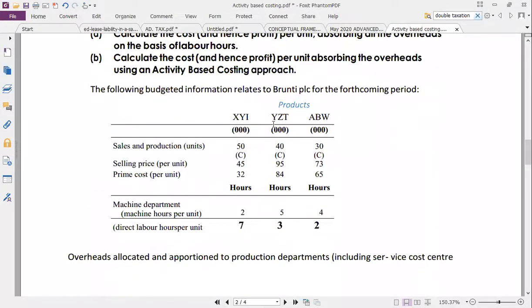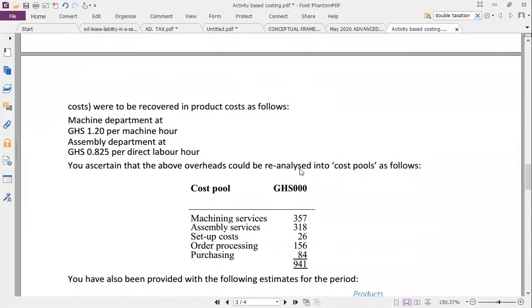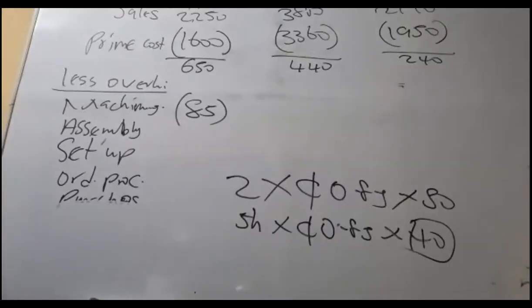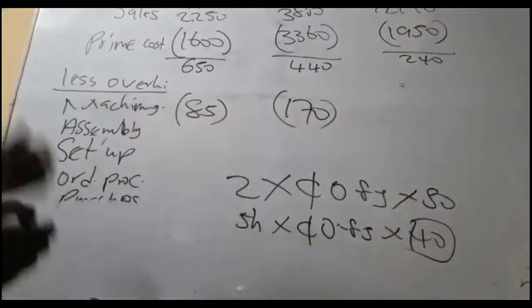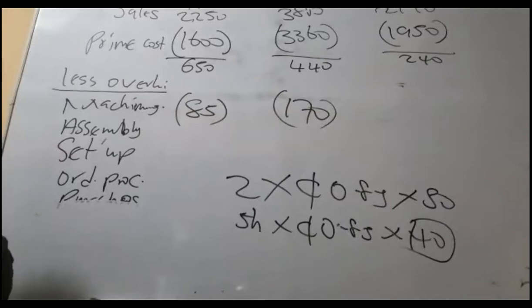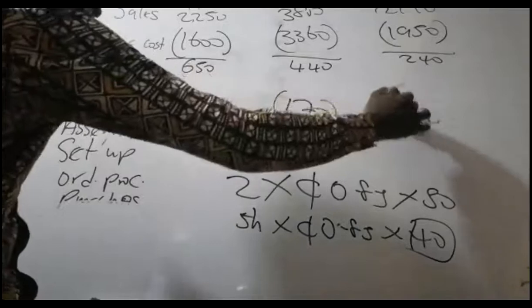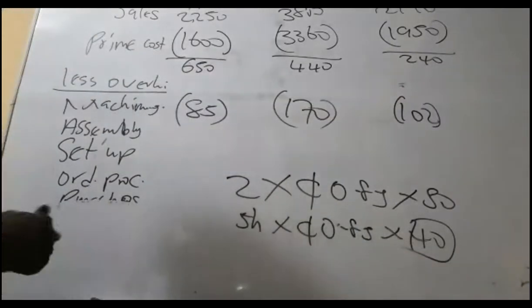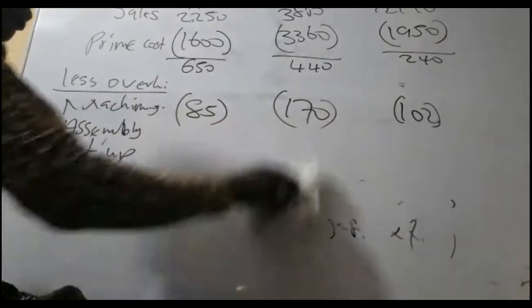Yes, it's 40,000 as you can see here. So this will be 170. The next one is 102. Okay, so we are done with the machine hours.